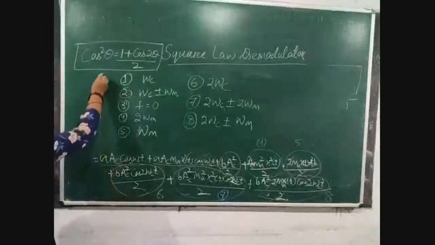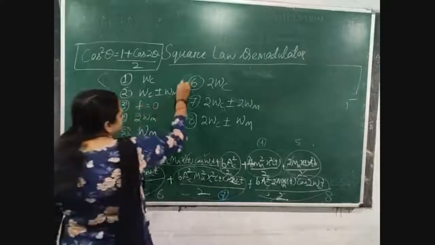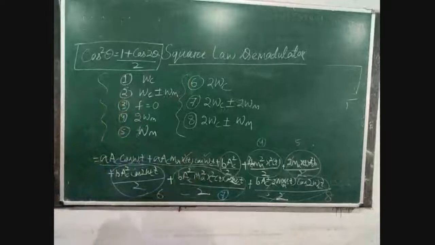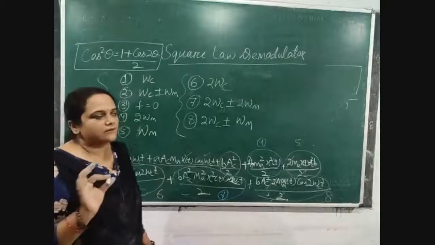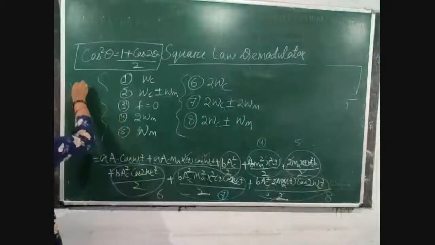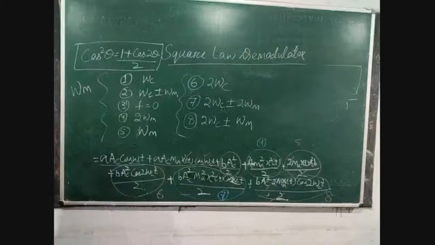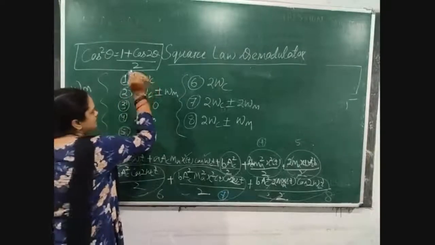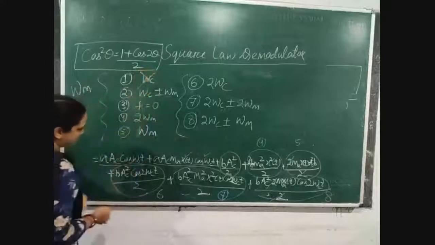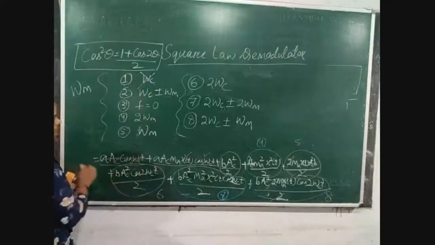Okay, these all are the frequency terms that we get at the output of a non-linear device. But in a modulating signal, we only need one frequency component, that is omega m. So first we check it. Omega c means a carrier signal, not required, means cancelled out.